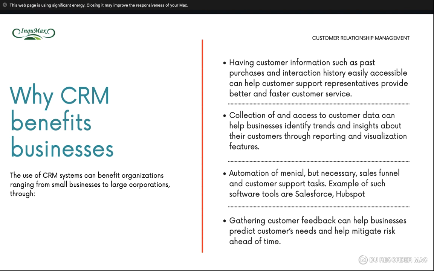The world is a lot more advanced to run a lot of things manually, right? So one of the key features, given the first point we have here, is to build a better and faster customer service, right?